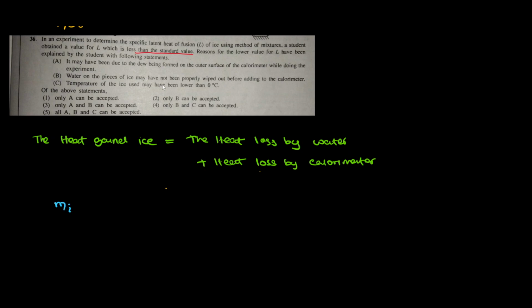First, the ice has to melt. For that, it will go through the latent heat. So it will absorb an amount of energy equal to latent heat into mass, that is Mi L, plus next, it reaches a final temperature. It turns into water, so Mi Cw, final temperature, let's say that's theta.